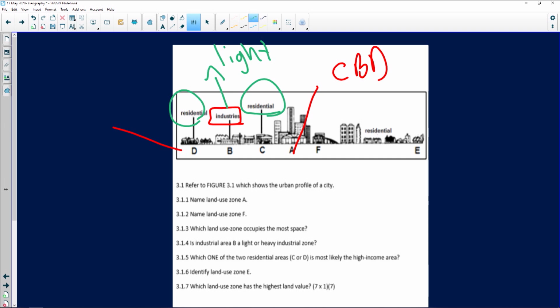If you look at F, it's situated just on the outskirts of the CBD. If we look at our urban profile models, we can definitely mention that F might be the zone of decay or the transition zone.